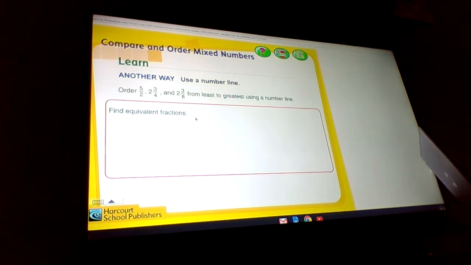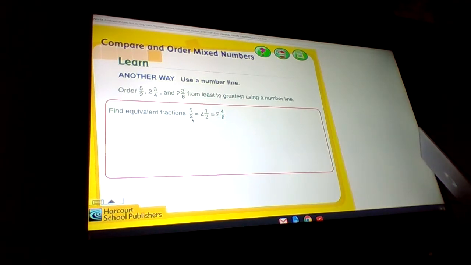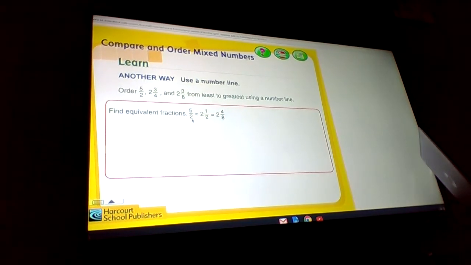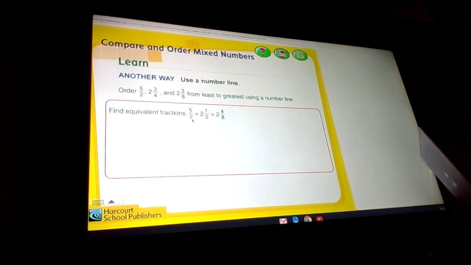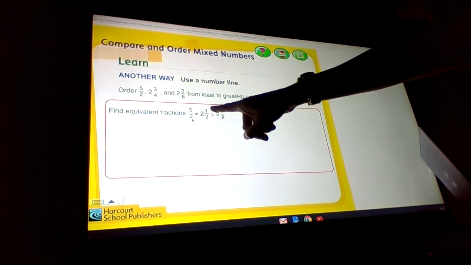That's right, that means you have to find the common denominator. So first we took 5/2 and we turned it into a mixed number. Remember how we do that? You should have done it last week. You do 5 divided by 2, which gives you 2 1/2.